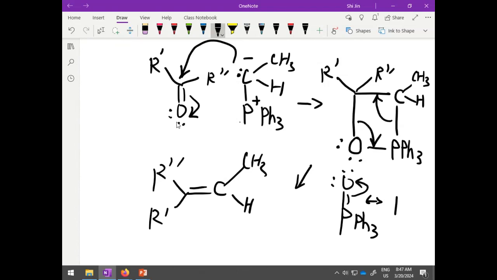Both are considered correct. But obviously the left side makes a greater contribution because of the covalent bond. So the formation of this final product is called phosphine oxide.